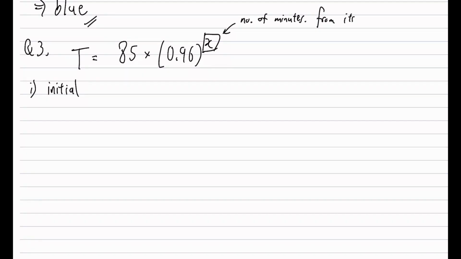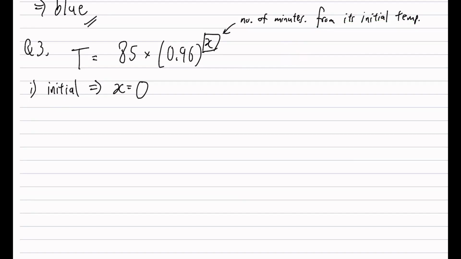So initial would just be 85. Correct. It implies that the number of minutes from its initial temperature would be 0. No time has passed at the very beginning. So X equal to 0.